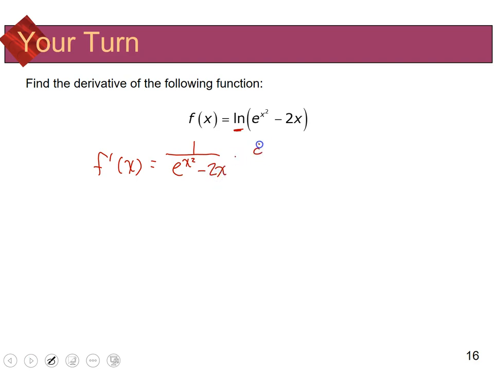And now I'm going to do the derivative of the quantity. I'm going to break this down in several steps. It's not necessary once you get the hang of doing it.